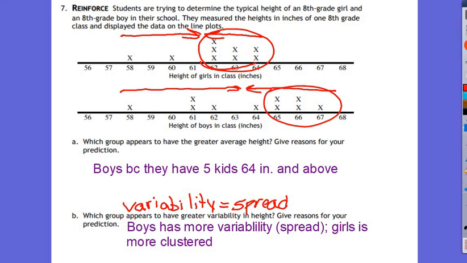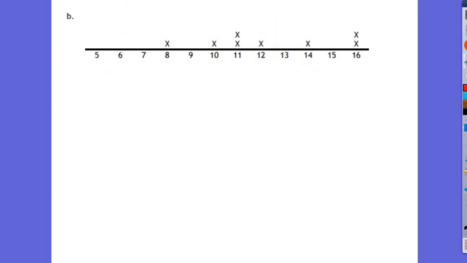Did number 7. Circle 6B. This is the only problem I'm requiring you to work for homework. You have to calculate the MAD value. However, pay attention. How many numbers are going to be listed total?